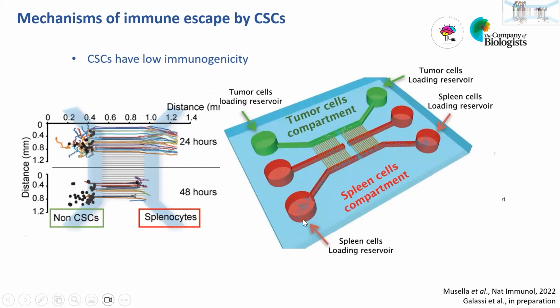The red one is loaded with immune cells, splenocytes, pre-stained with specific viable fluorescent markers, and the external chamber, the green one, is loaded with tumor cells, cancer cells. With this device we can monitor the interaction between a splenocyte and a cancer cell. In particular, we can track the movement of splenocytes, which are stained.